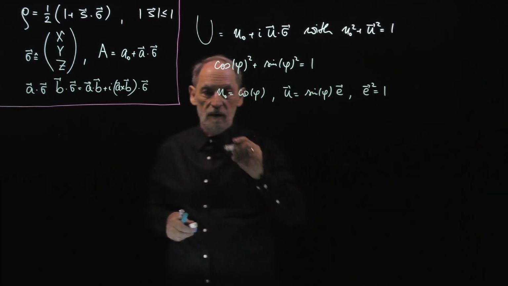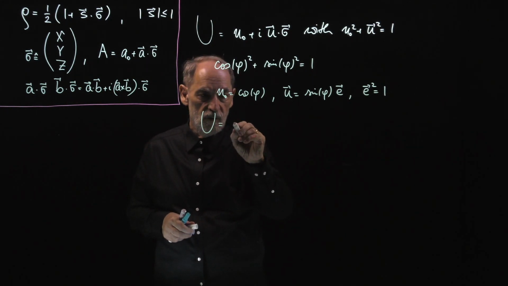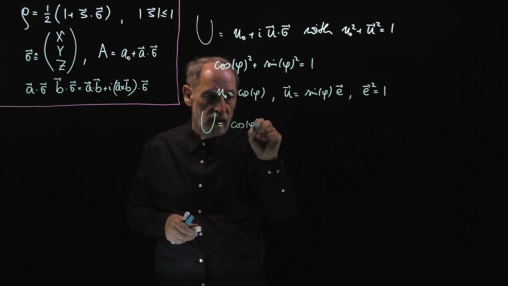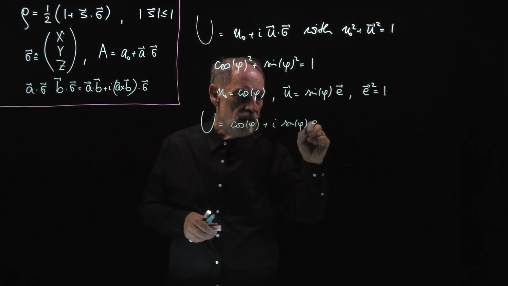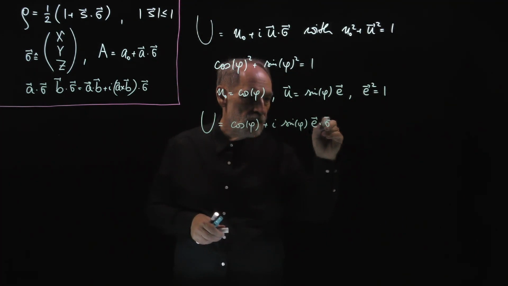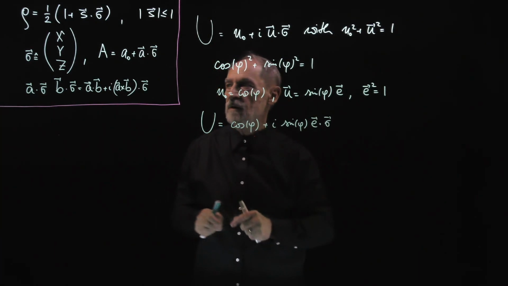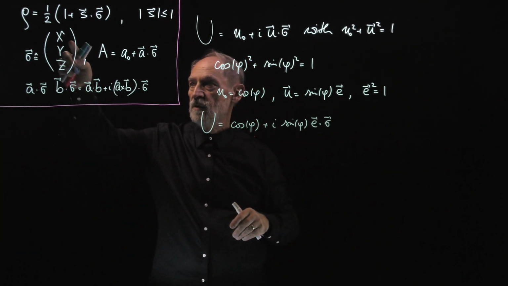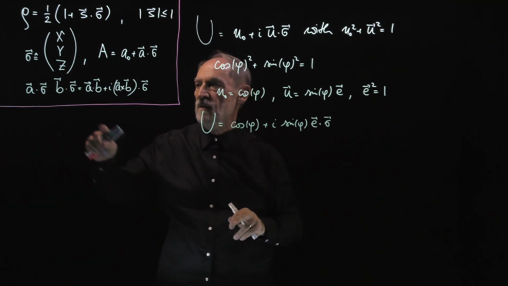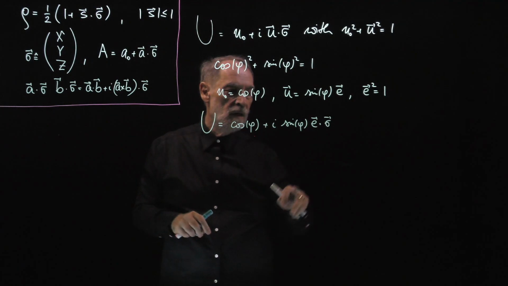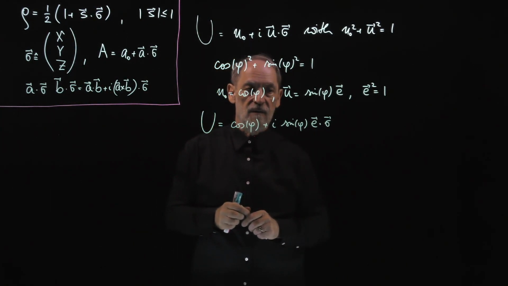And now putting things together, our form for U that we are going to use from now on is cosine phi times the identity plus I times sine phi times E dot sigma, where E dot sigma is a component of the sigma vector picked out with a unit vector. If the unit vector is in the x direction, we just get the x operator. If the unit vector is in the y direction, we just get the y operator. If the unit vector is in the z direction, we just get the Pauli z operator. If the unit vector is in some other direction, we get a linear combination of x, y, and z.